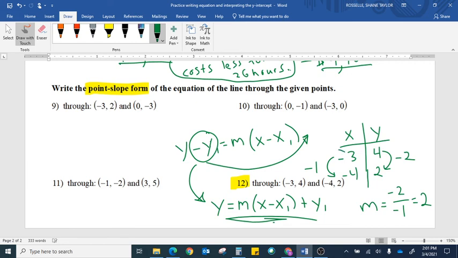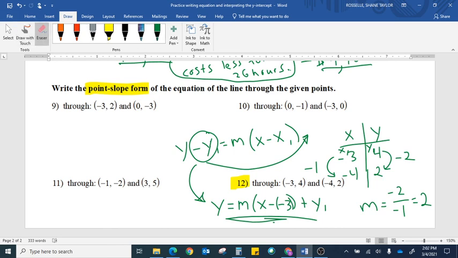But in either case, let's look back up here and call this one x1, and then let's call this one y1. So if x1 is negative 3, then I go down to my equation here, take out x1, and plug in negative 3. So we have minus a negative 3, which ends up being a positive 3: x plus 3.